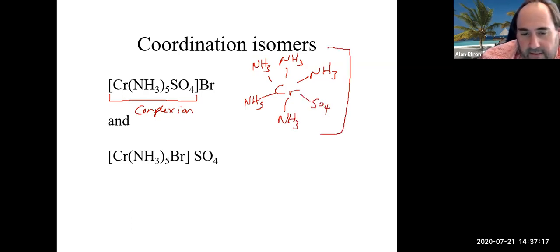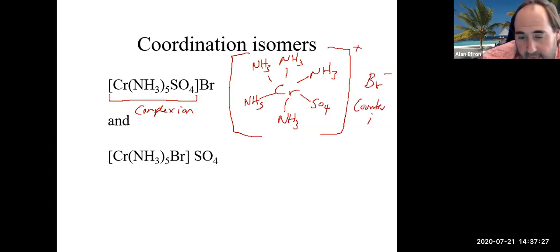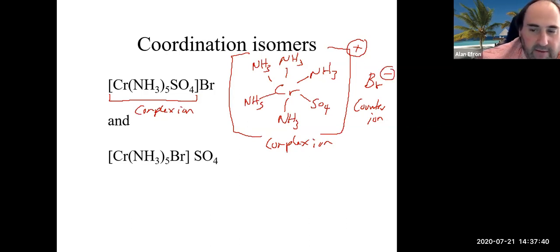And overall, this whole entire thing, when you put it together, has a +1 charge. And hanging out on the outside as our counter ion is our bromine, right? Maybe not the best drawn, but this is the idea of what's going on here.